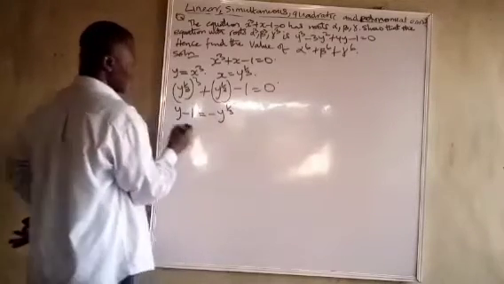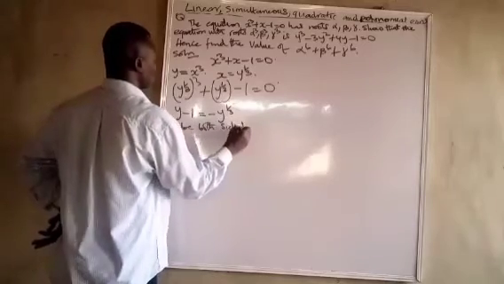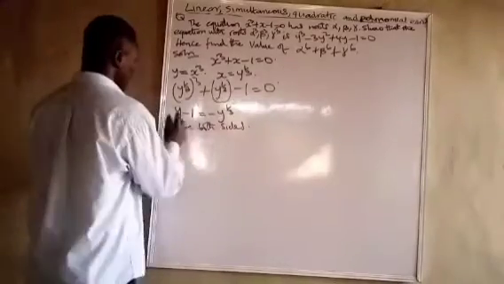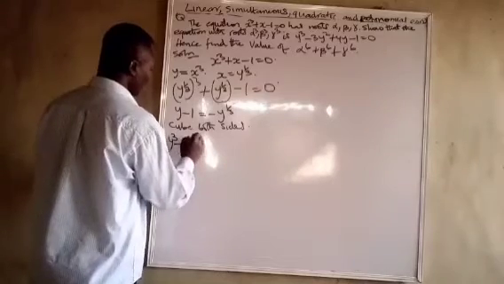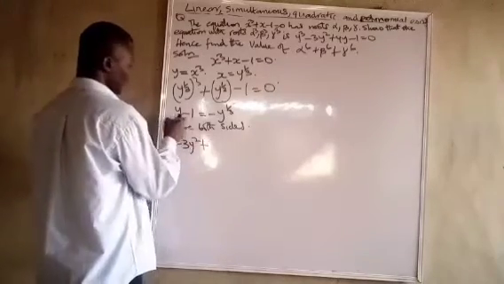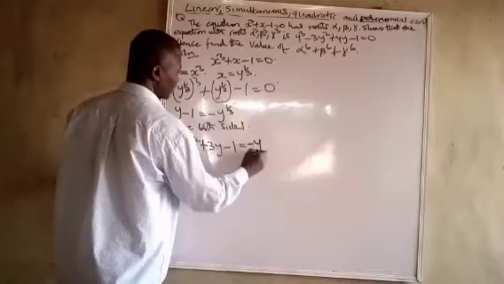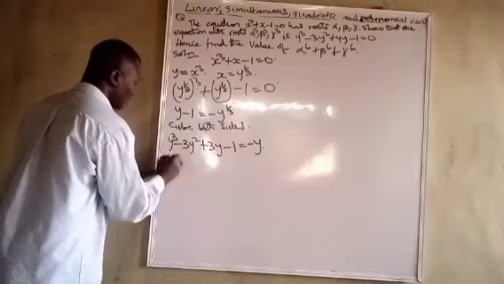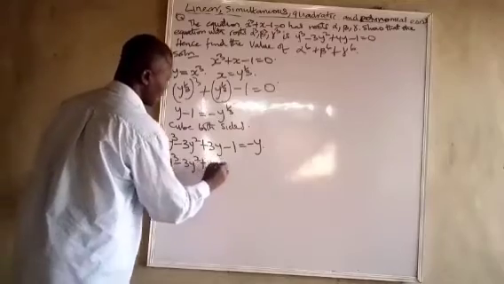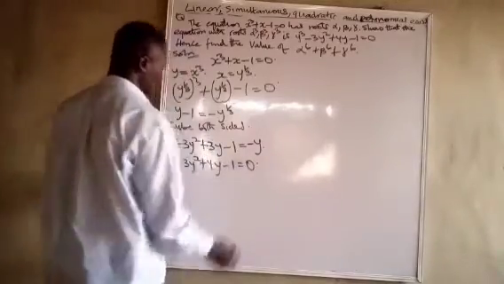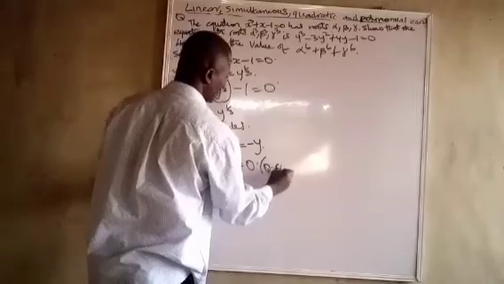Now let me cube both sides. So I have y cubed minus 3y squared plus 3y minus 1 equals minus y. Now let me bring it back. So I have y cubed minus 3y squared plus 4y minus 1 equals 0. Is it the same thing with what we have here? So that was already done.